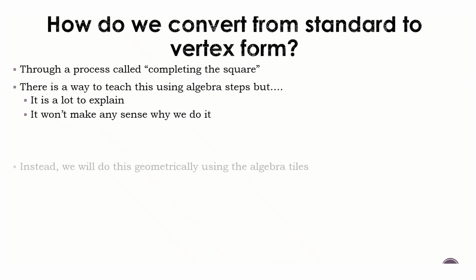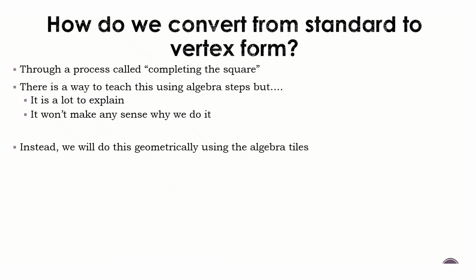So instead, we're going to do this geometrically using the algebra tiles. We're going to make this a hands-on thing where you are going to manipulate the algebra tiles. And instead of thinking about squares like these kinds of squares, we're going to think about squares like those kinds of squares, where the area of that square is x squared.